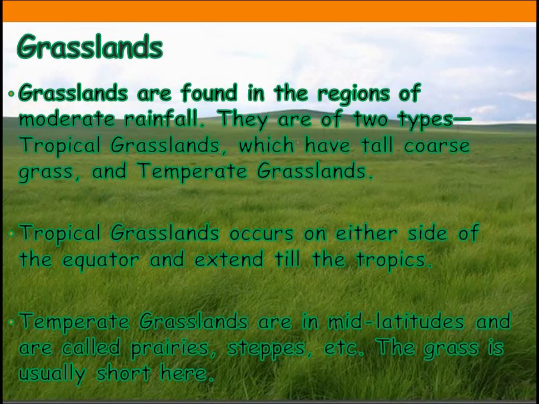The tropical grasslands occur on either side of the equator and extend till the tropics. The temperate grasslands are in mid latitudes and are called prairies, steppes, etc. The grass is usually short here.